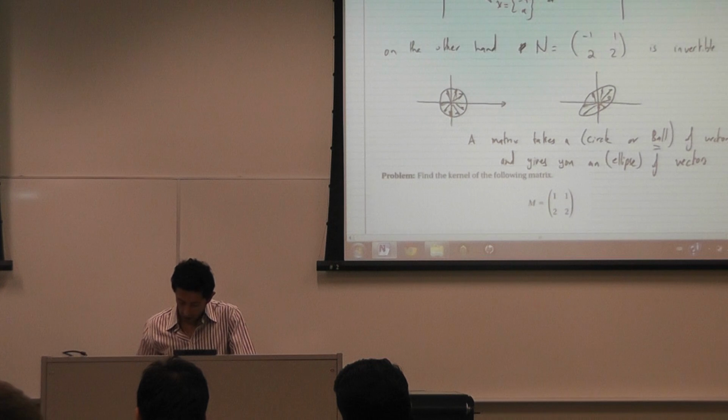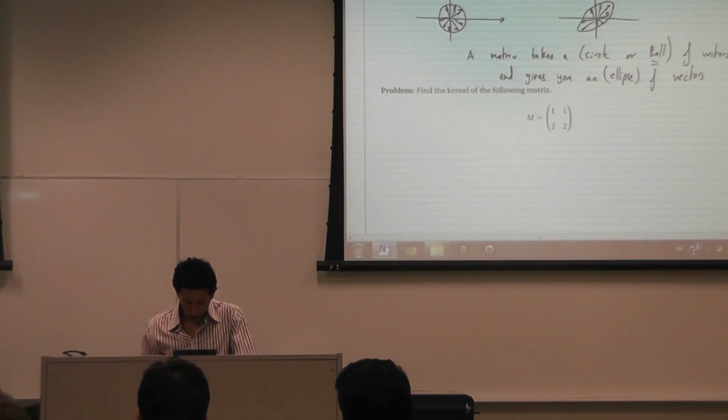So the kernel of this matrix, we just showed it, the kernel of M is equal to the set of x, where x is equal to negative alpha, alpha, and alpha is a real number.